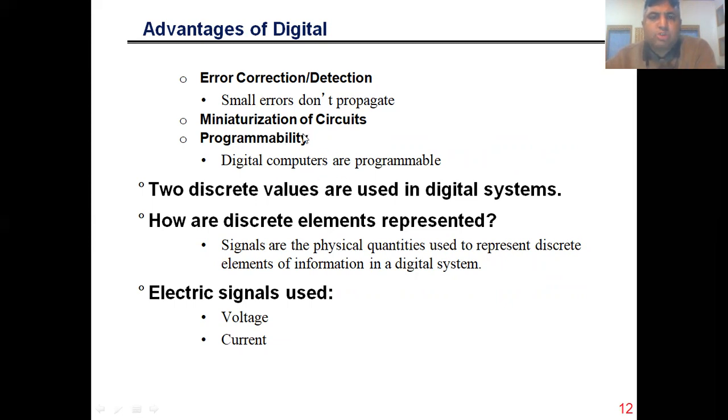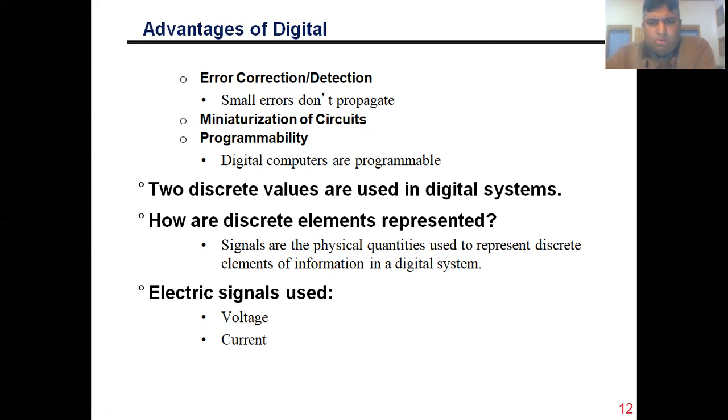So miniaturization of circuits is the advantage of digital circuits. Programmability is another advantage of digital. We can program the digital computers, and computers can follow that program. So digital circuits are programmable, whereas analog circuits are not programmable.